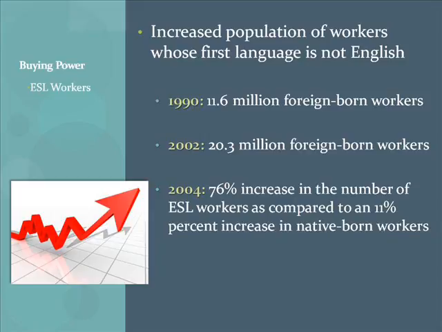By 2002, approximately 20.3 million accounted for the foreign-born workers. By 2004, there had been a 76% increase in those numbers of ESL workers compared to an 11% increase in native-born workers.